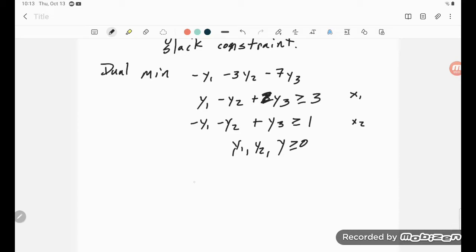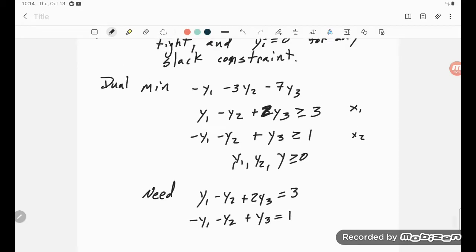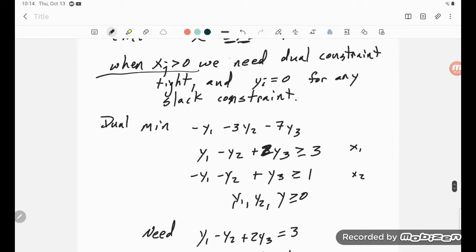So we need y1 minus y2 plus 2y3 to equal 3, and negative y1 minus y2 plus y3 to equal 1. Okay, so that's the first part.